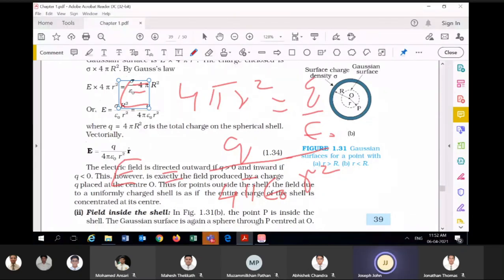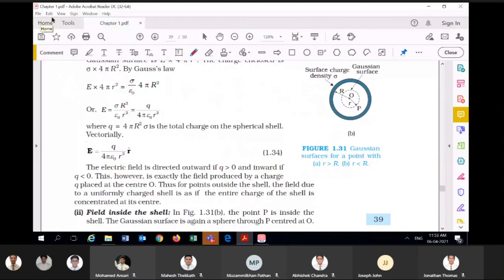But there is no charge inside the shell, you know it? Charge is always on the surface of the shell. You took the point inside. So Q is equal to 0. Next step. But Q is equal to 0.